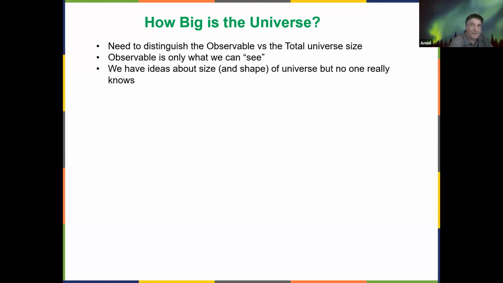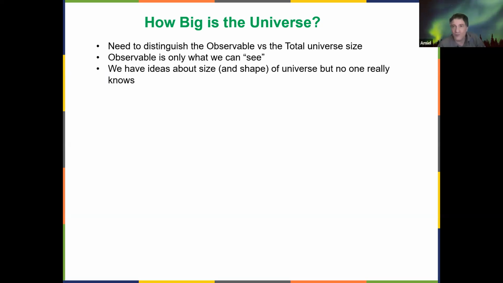So in astronomy, it's a fun class because we get to talk about the universe. Well, there's a couple things about that. There's the observable universe and the total size of the universe, the actual, how big it is and what is its shape. We do not know the total size of the universe or the overall shape of it. Is the universe finite or infinite?